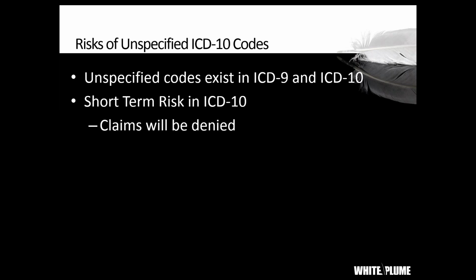The reason why is they want the more granular diagnosis codes. They want the more detailed diagnosis information available on their insured populations. That's part of their big data push, which they hope to ultimately use to drive down reimbursement. If the providers do not give them that information, they are going to deny that claim.